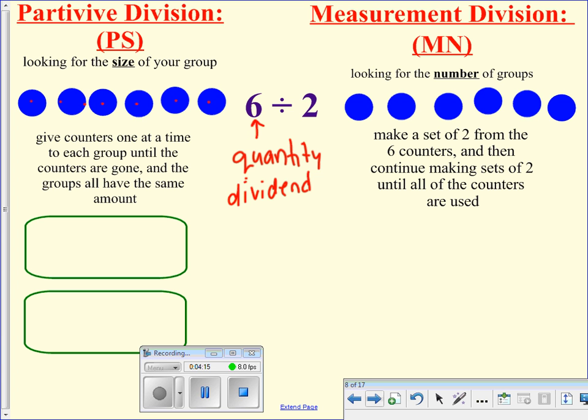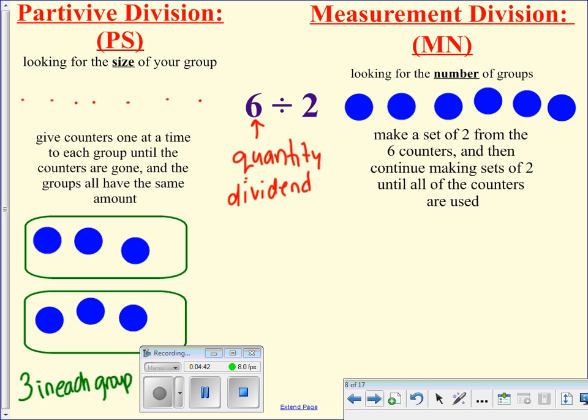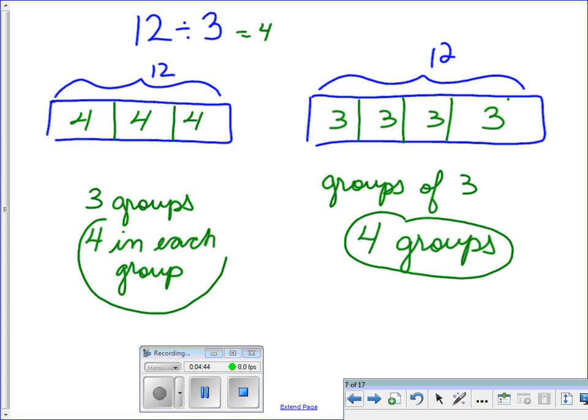And now 2 is how many groups? I want to know the size of each group. So 1 here, 1 here, 1 here, 1 here. Whoops. 1 here, 1 here. So 6 divided by 2 groups means there are 3 in each group.